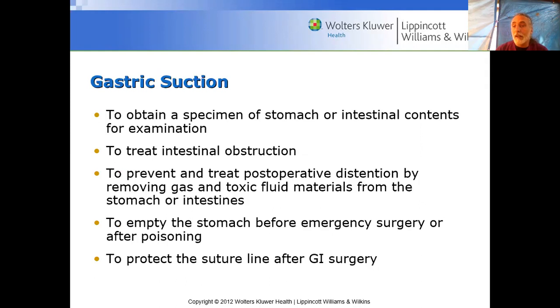GI tract motility can stop, and until the anesthesia has worn off and the patient has restarted peristalsis, there will be fluid buildup, backup, and gas production that placing the NG tube will allow to vent off.